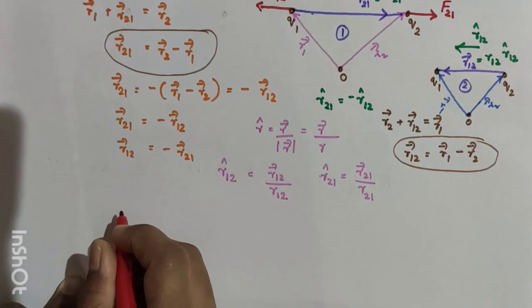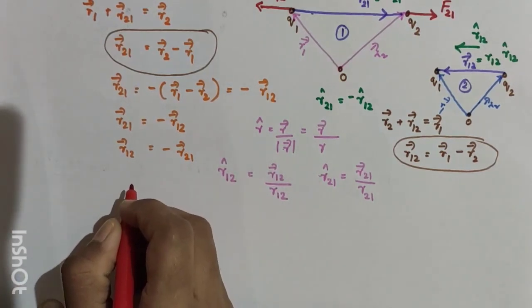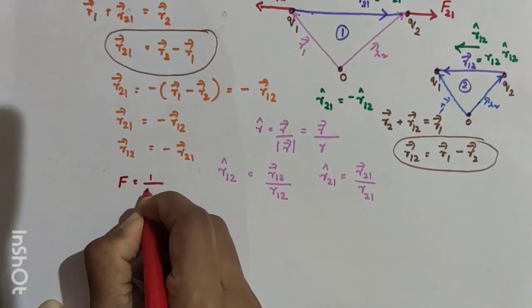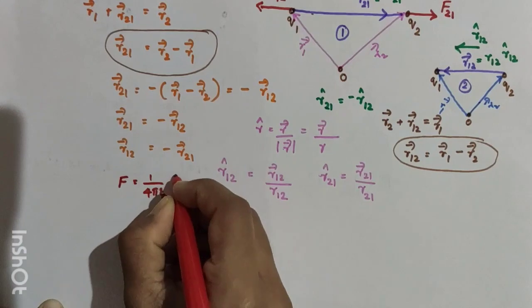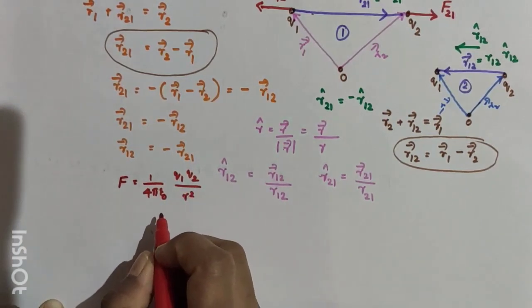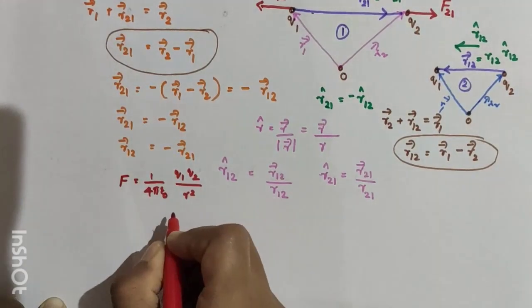Now, from Coulomb's law, we have the general expression for the force between these two charges as F equal to 1 by 4 pi epsilon 0 q1 q2 divided by r square. This is the magnitude of the force acting between the two charges q1 and q2 separated by a distance r.